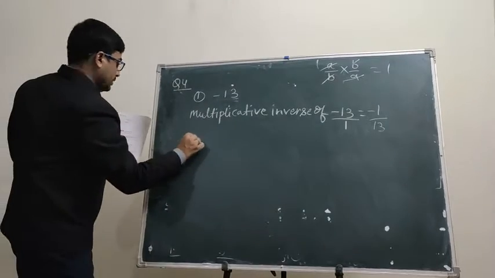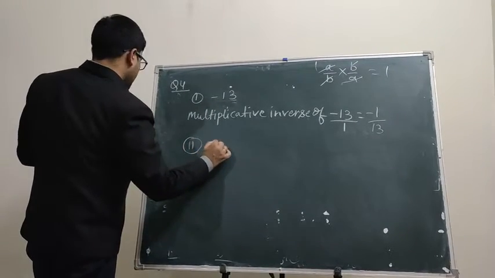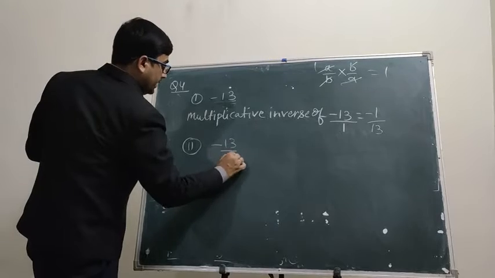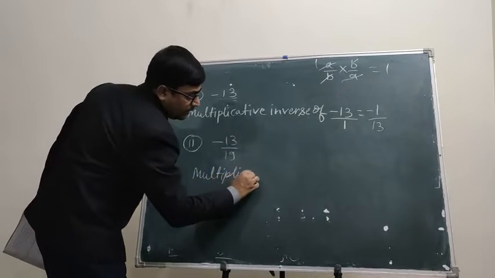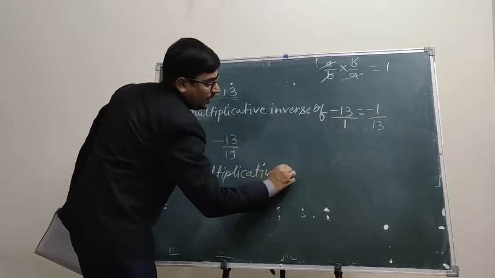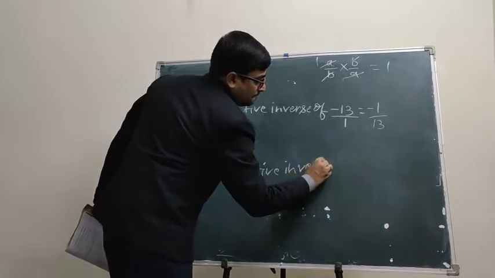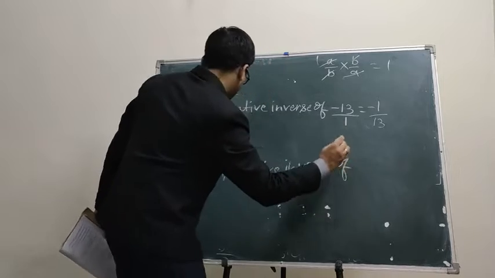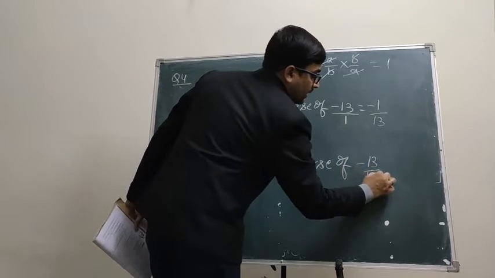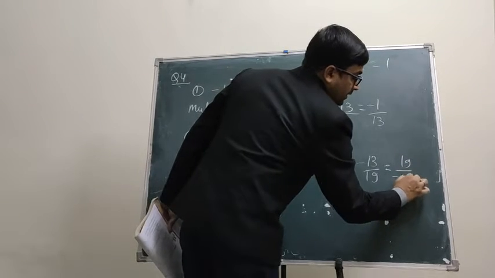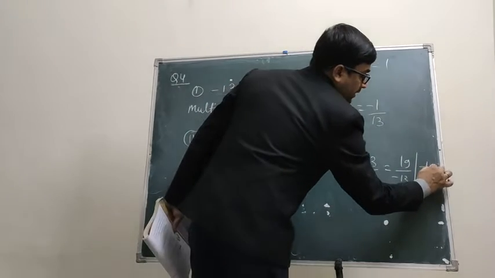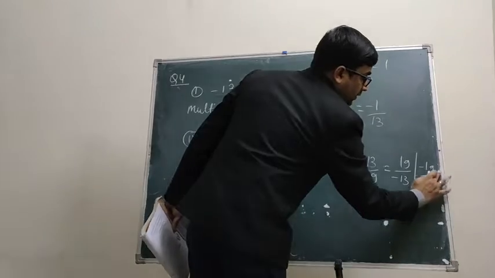In the second question, minus 13 upon 19. The multiplicative inverse of minus 13 by 19 gives 19 upon minus 13 or minus 19 upon 13.